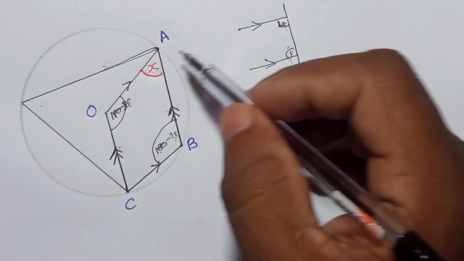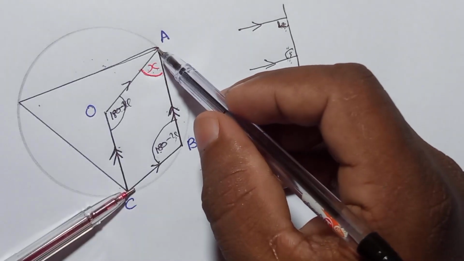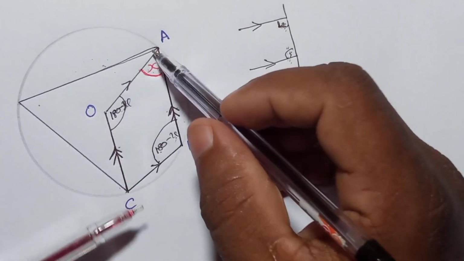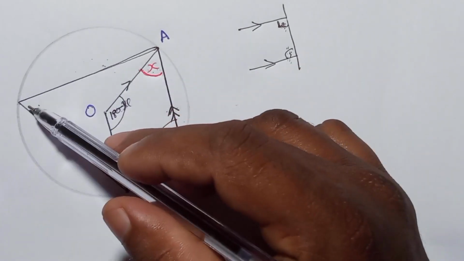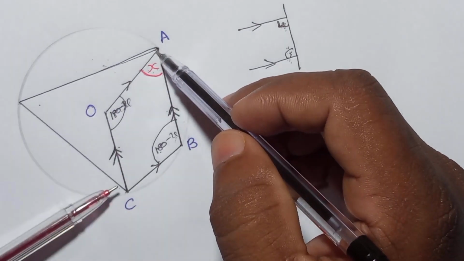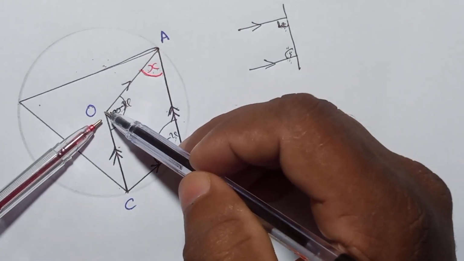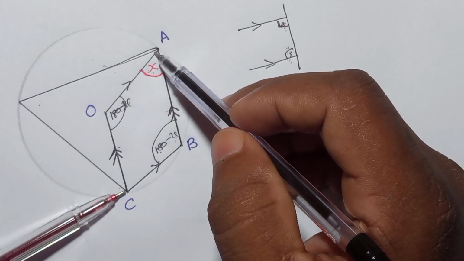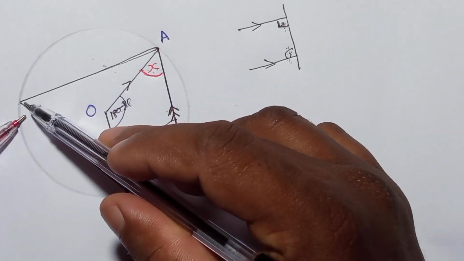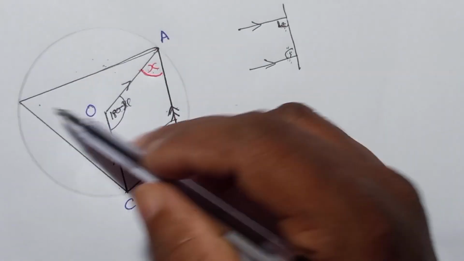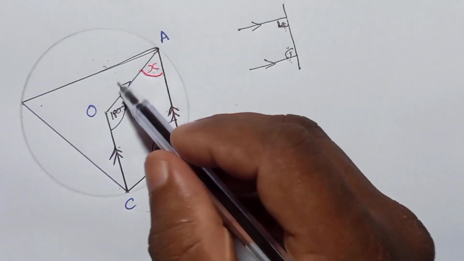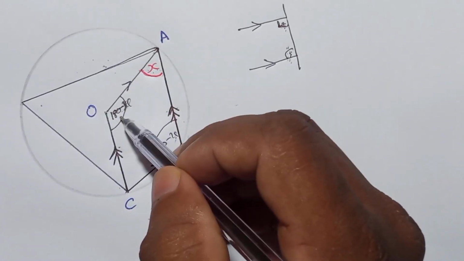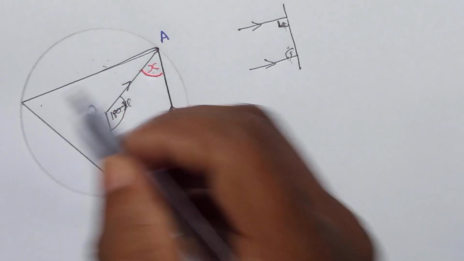We learned this: from the same two points, go to the center, and from the same two points, go to the circumference. Like this, from the same two points A and C, go to center O, and then from A and C go to the circumference. Here these two angles have a connection, but what the value is here doesn't matter. This will be half of that, right?